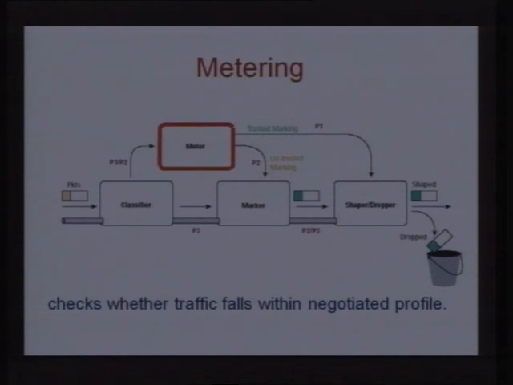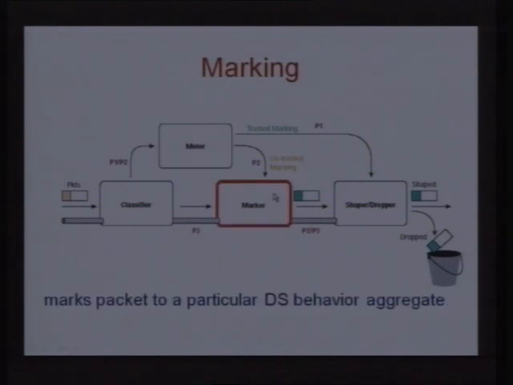This means we need to measure whether the packets are being sent at the defined rate, and for that we use a process called the meter. If the packets from a specific application are within the range, they are directly shaped, and if not, then they are sent to the marker.